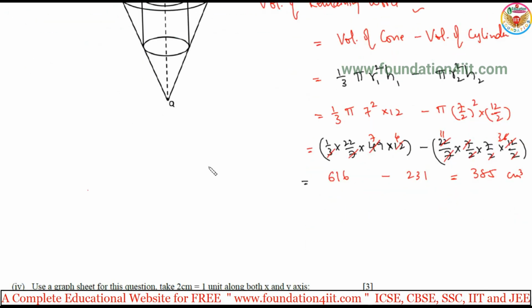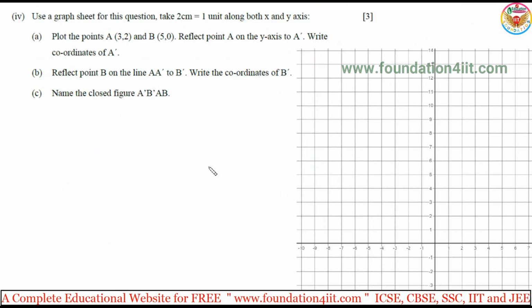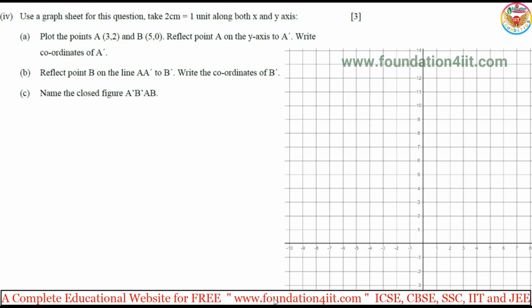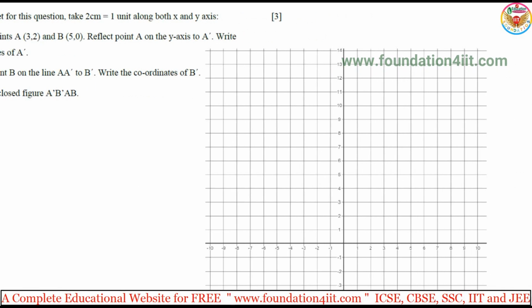And next question in this, using this graph problem, use the graph sheet for this question. Take 2 centimeters as 1 unit along both axes. Plot points 3 comma 2 and 5 comma 0. First let us plot these points. 3 comma 2. Okay, imagine 2 centimeters is 1 unit.